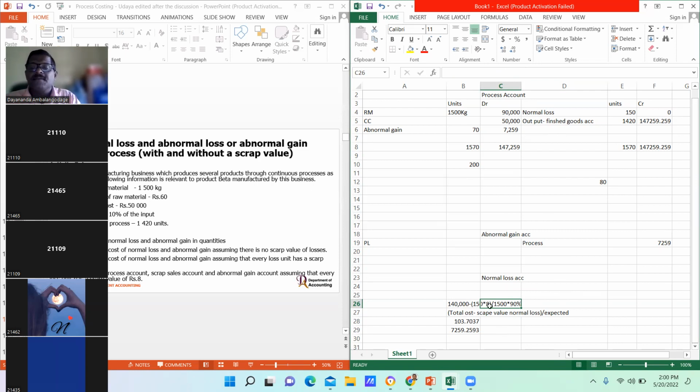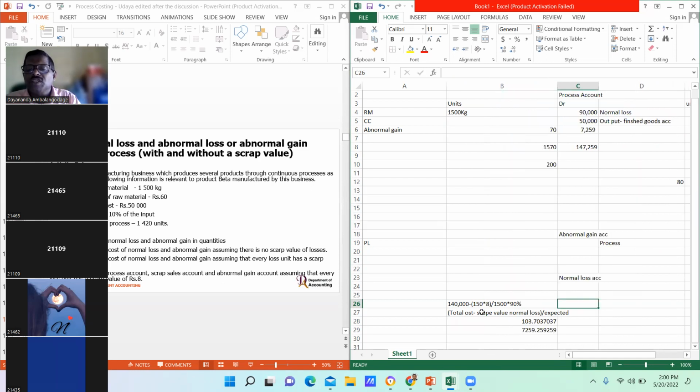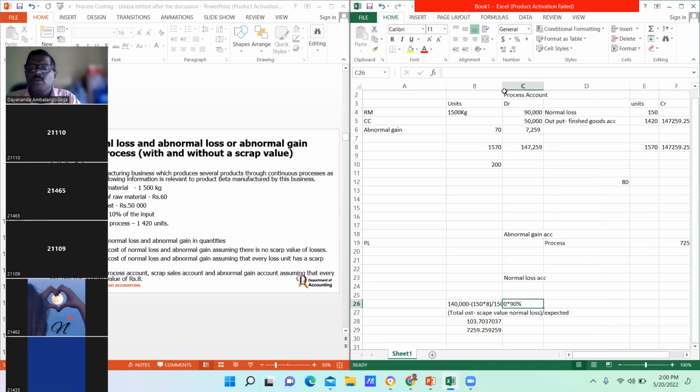140,000 minus the scrap value, that is 150 into 8 rupees, divided by 1,500 at 90%, which is expected units, our formula.